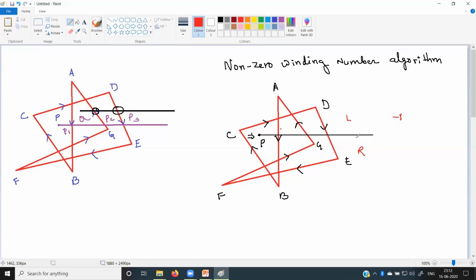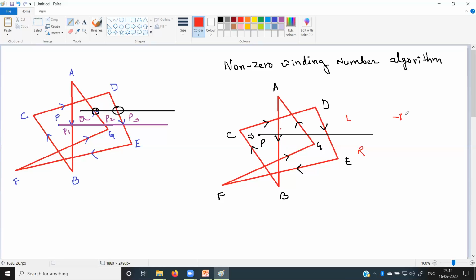Again, I am repeating. Your face is at the point P. Now this is your left side and this is your right side. This line intersects the line AB of the polygon, and you can see the direction is from A to B. That means the direction is downwards, or we can say from left to right.